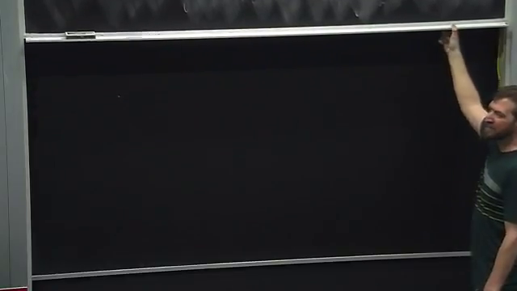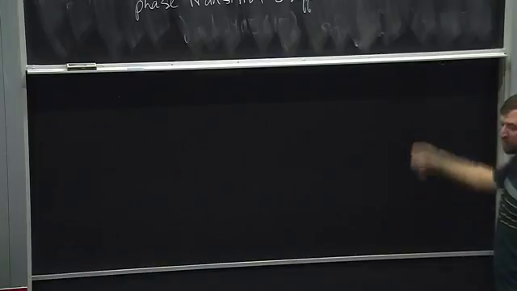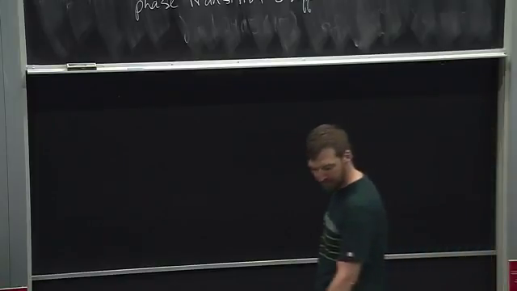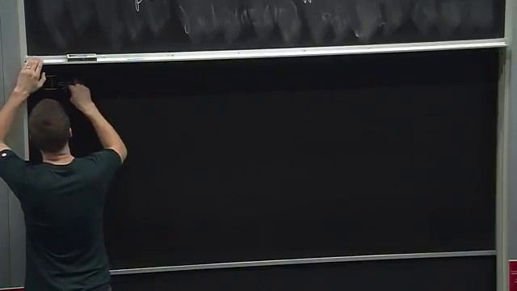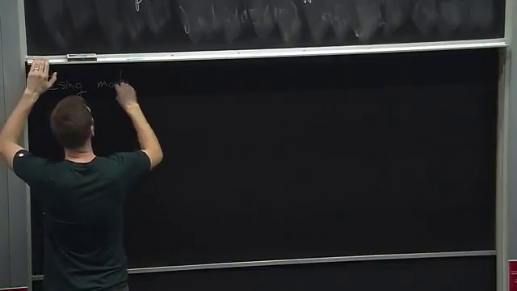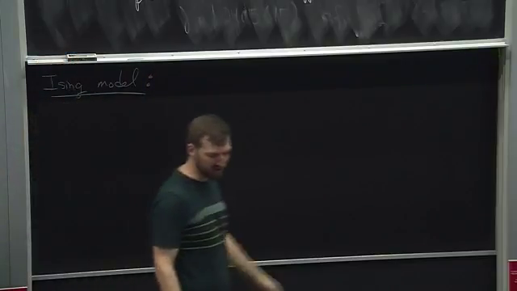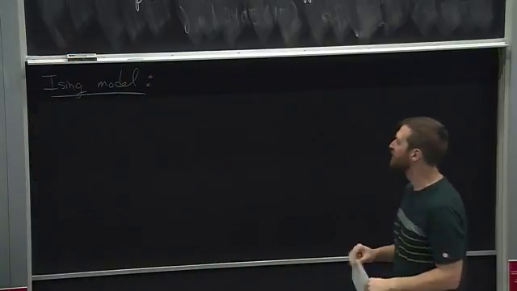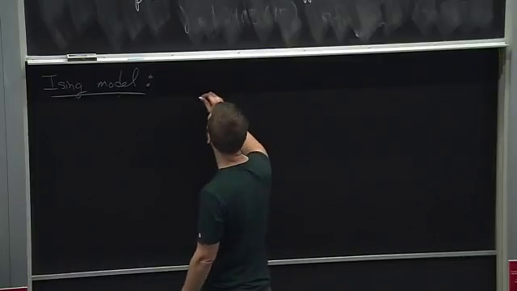I think the nicest thing was looking at the RG flows, but there are other ways to think about this. So let's just remind ourselves what happened there. I'll do a quick and dirty proof that the lower critical dimension is equal to 1.